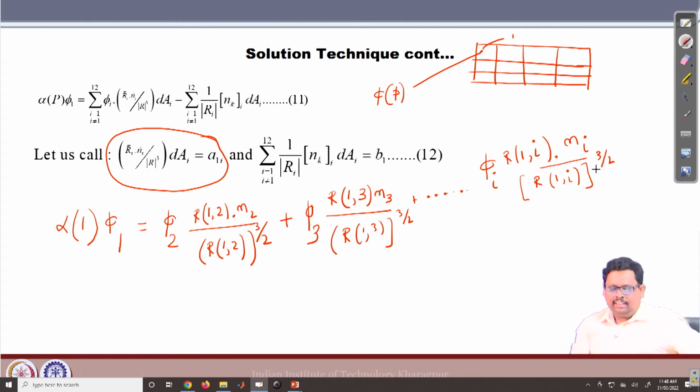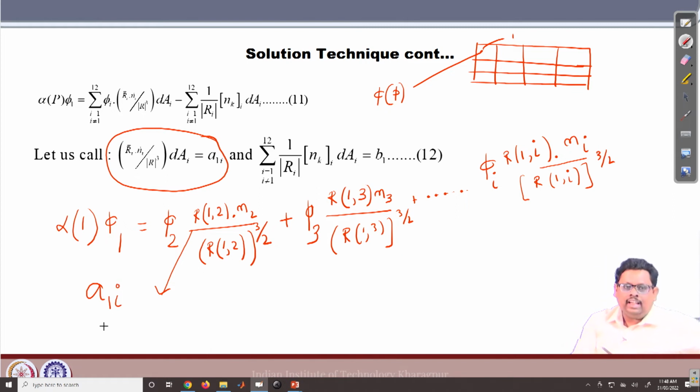Now, you see the common part here is 1. If I write this coefficient, I can write some coefficient a, with the common part being 1, and of course this varying component is i. So, I can call it A1i, right.